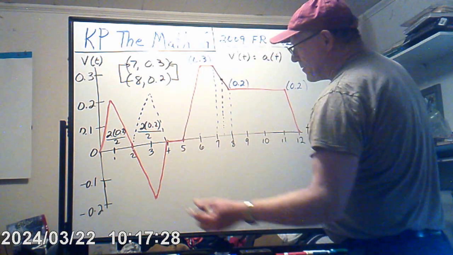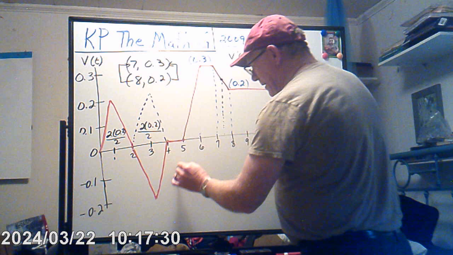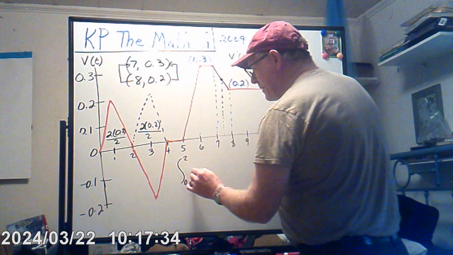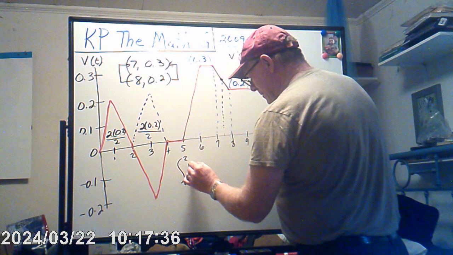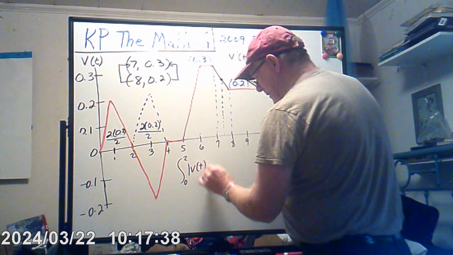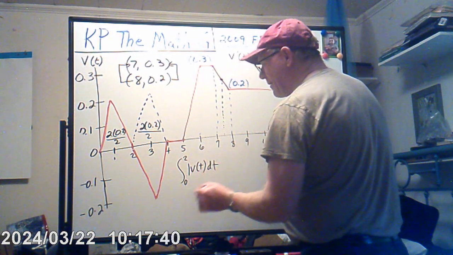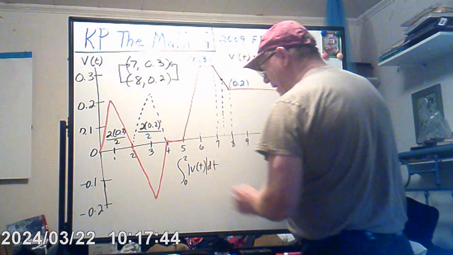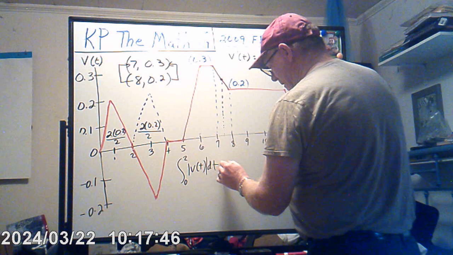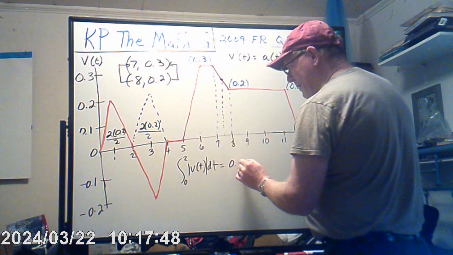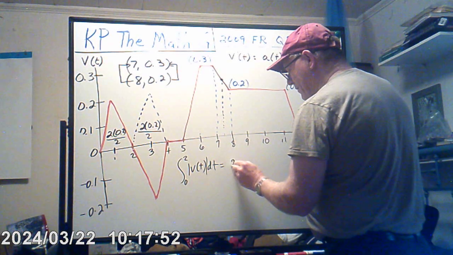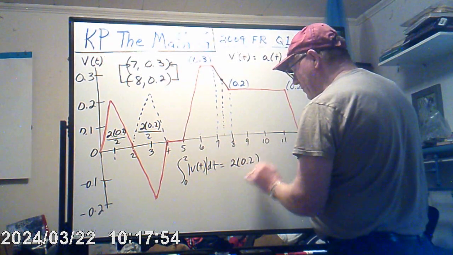We don't have this here, but we are talking about it. And if you want to, you can say the integral from 0 to 2 of v of t dt, or you can even say from 0 to 4. However you want to do that is equal to 2 times 0.2 over 2.